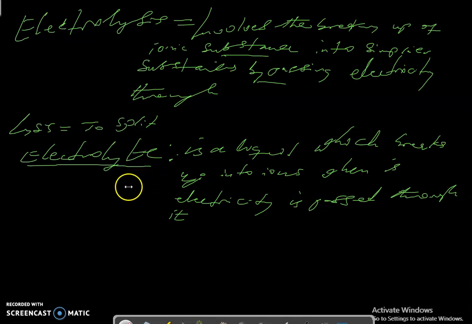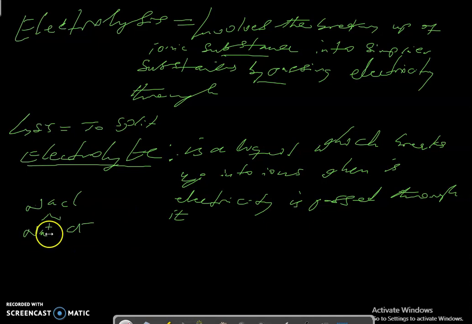For example, take a common ionic substance like sodium chloride, which consists of sodium 1 plus and chloride 1 minus. Before we can conduct an electrolysis of sodium chloride, we must first dissolve it in water, and then once it's in water, the sodium ions and chloride ions are free to move around.